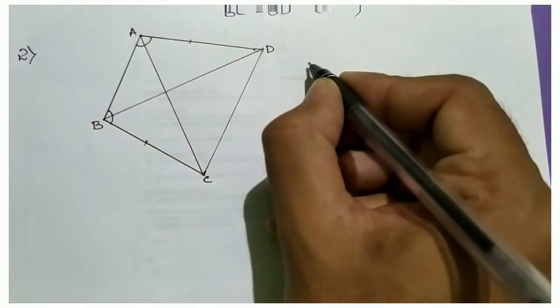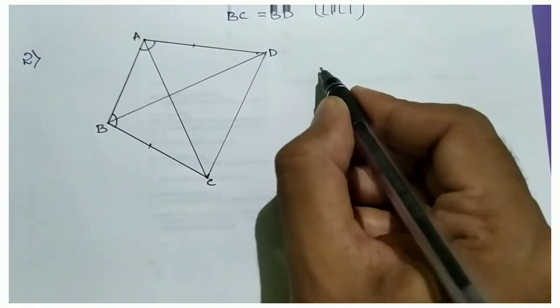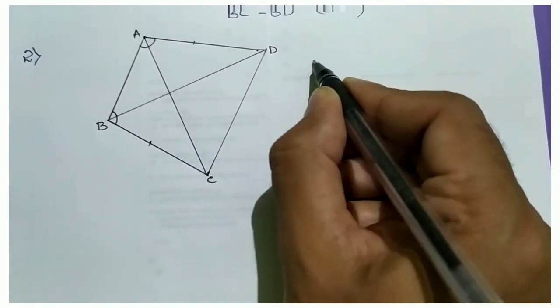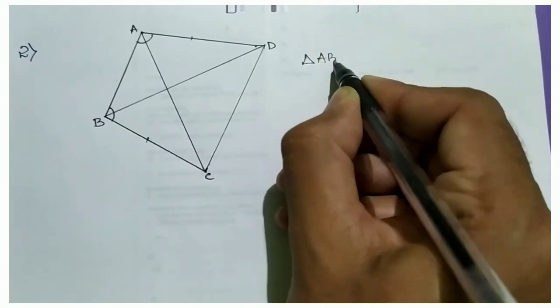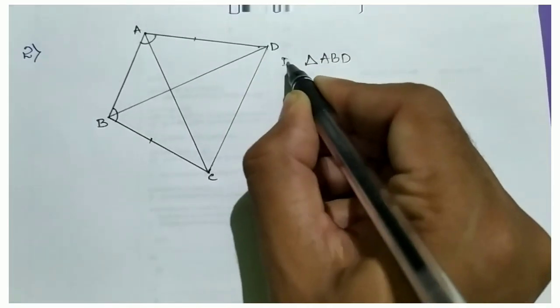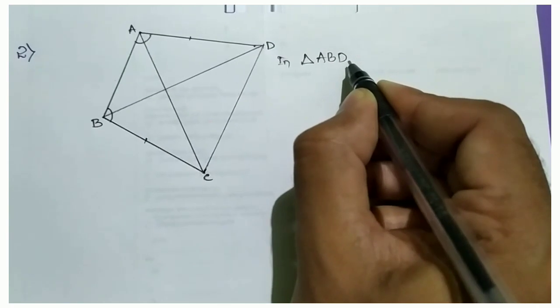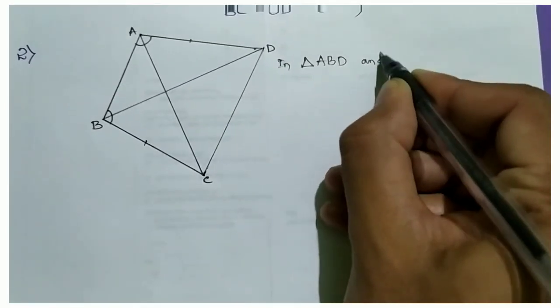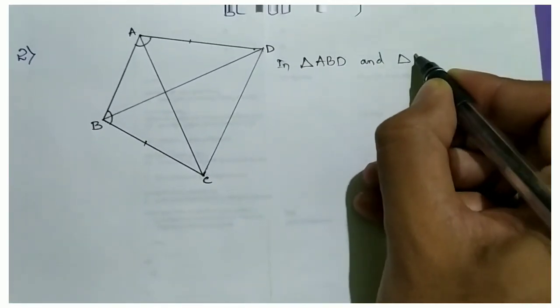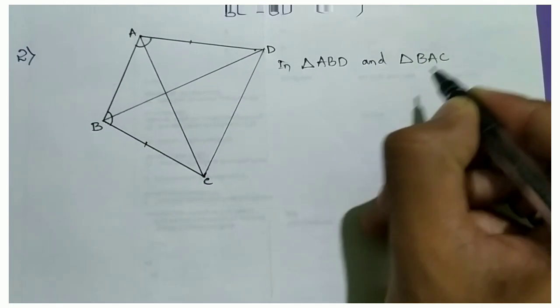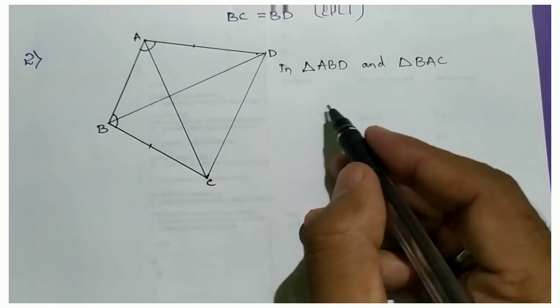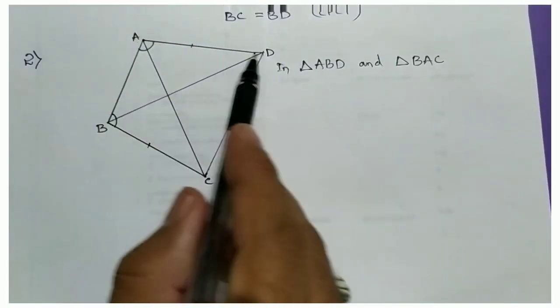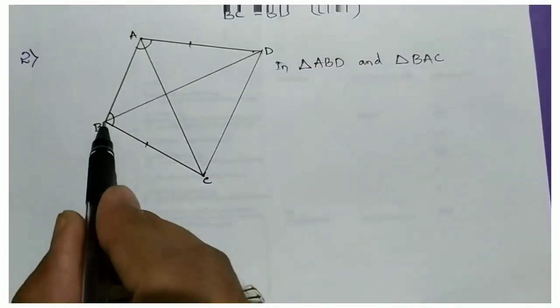Now start with which triangles you have to take. So those triangles first you observe. Triangle ABD and triangle BAC. First use the things they given. First they given AD is equal to BC.